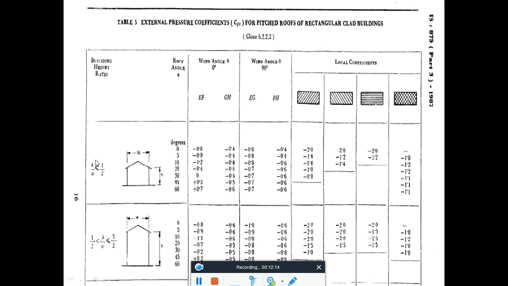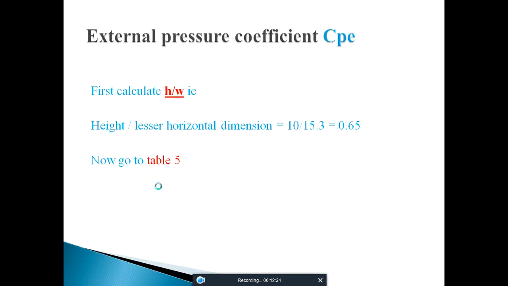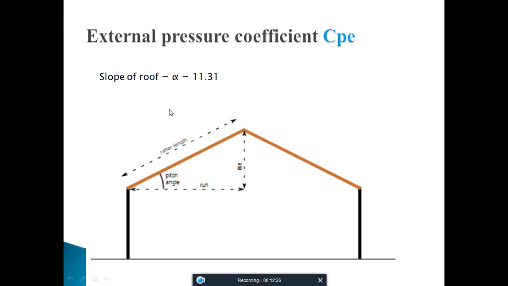So 0.65 falls in this particular range, greater than 1.2 and less than 3 by 2. Okay, so we come in this particular row. Now, roof angle alpha. What is the slope of the roof angle?